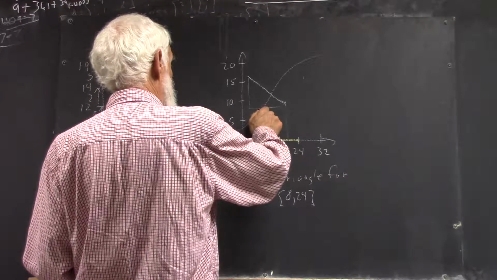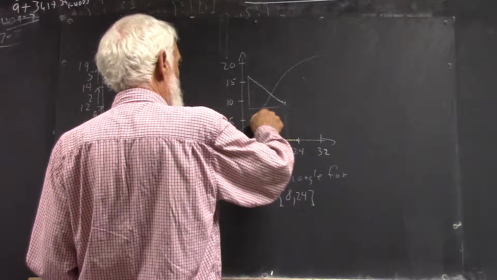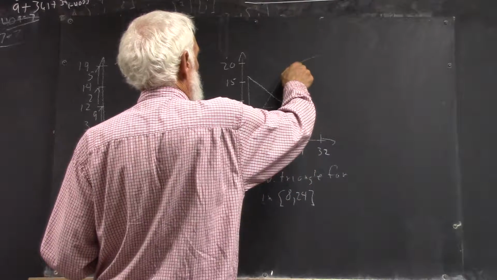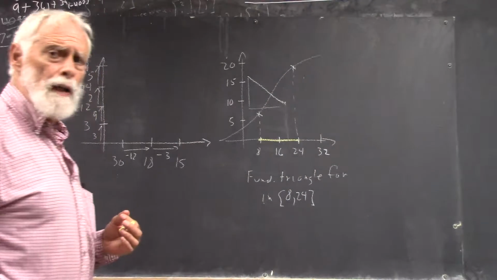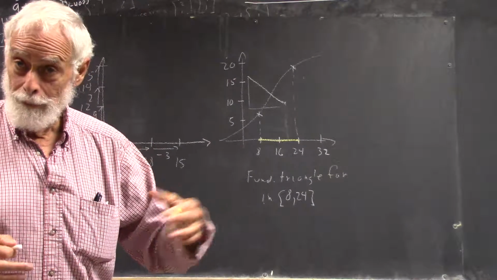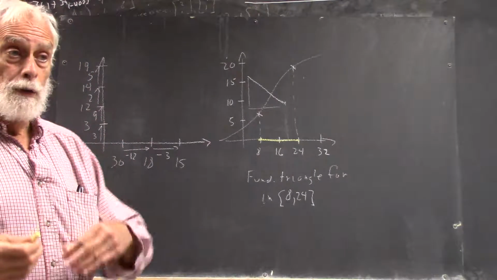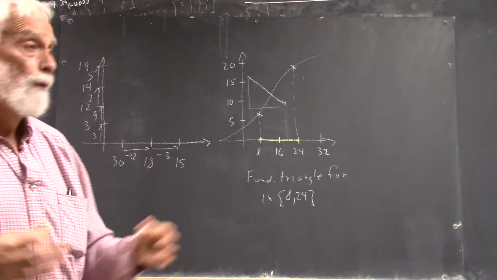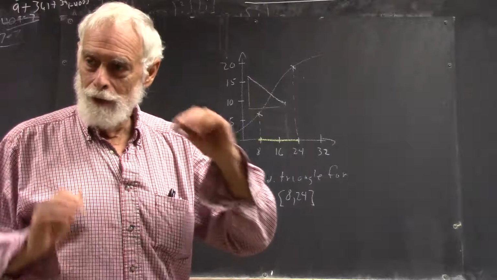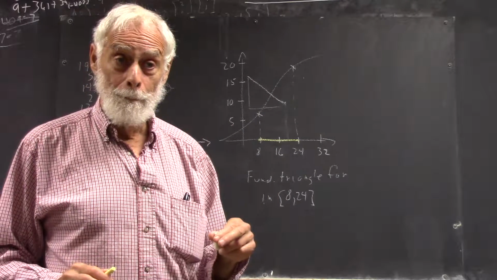Corresponding graph points are here and here. And a fundamental triangle on a graph always goes from one point on the curve to another. The hypotenuse goes from one point on the curve to the other. So we define a fundamental triangle for 2 points. The 2 points are the 2 points on the graph, right?